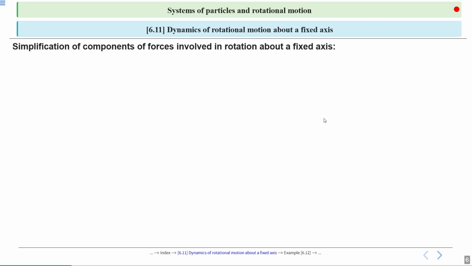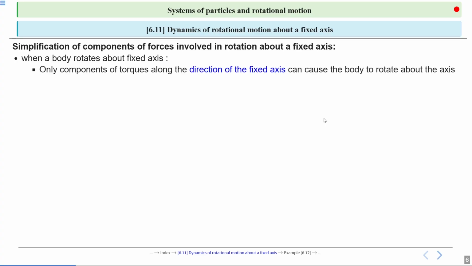Next is the simplification of components of forces involved in rotation about a fixed axis. Now when a body rotates about a fixed axis, let's imagine a simple and common situation, like a door.